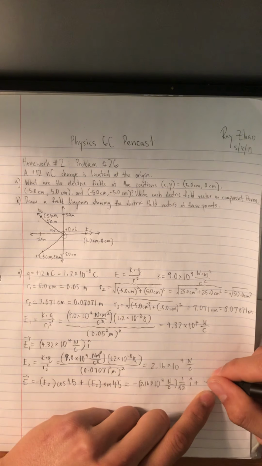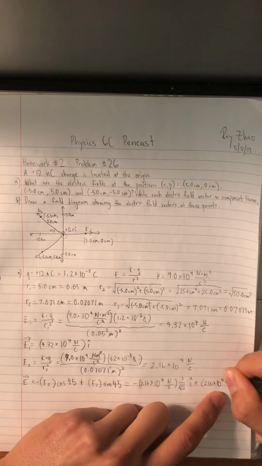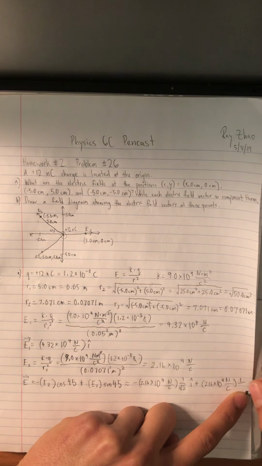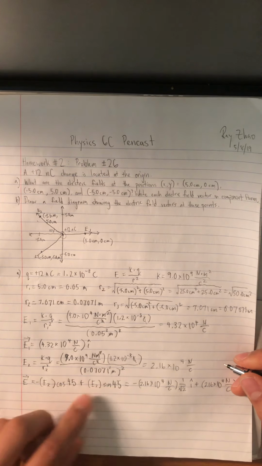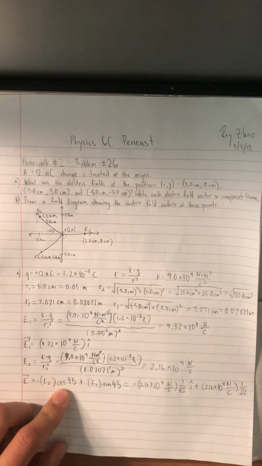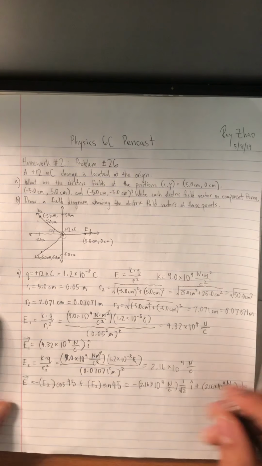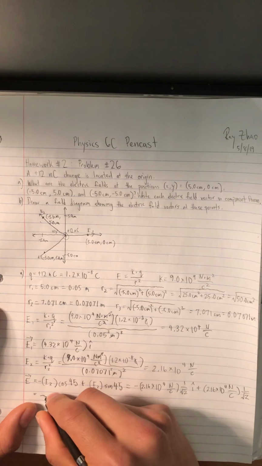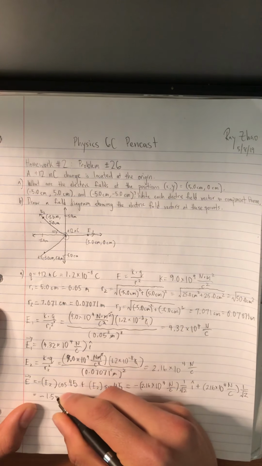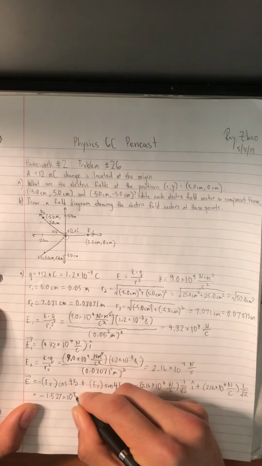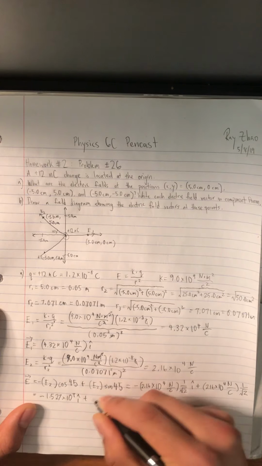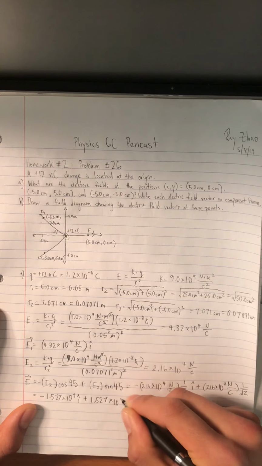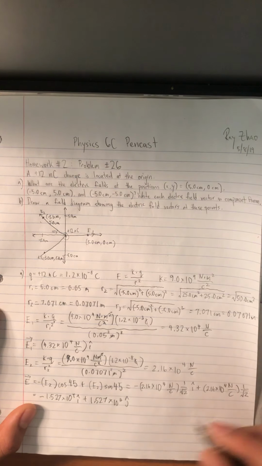Add that to 2.16 times 10 to the fourth newtons over coulombs, multiplied by 1 over root 2 as well, because sine of 45 and cosine of 45 are equal to 1 over root 2. Calculating this with the calculator gave me negative 1.527 times 10 to the fourth i hat plus, the same but positive, 1.527 times 10 to the fourth j hat.